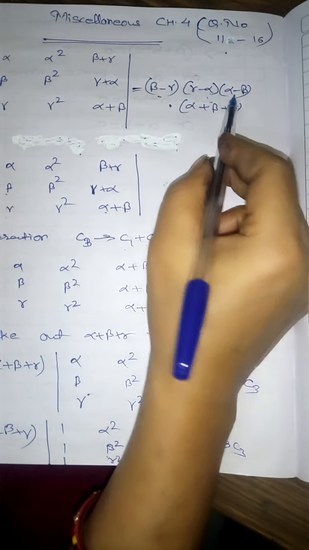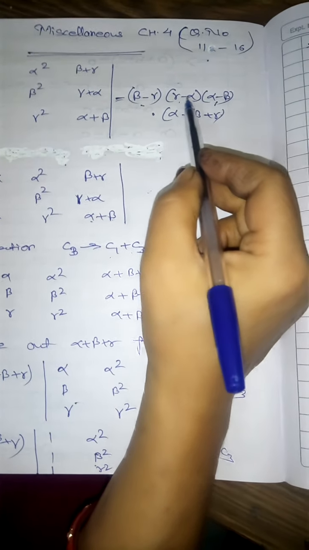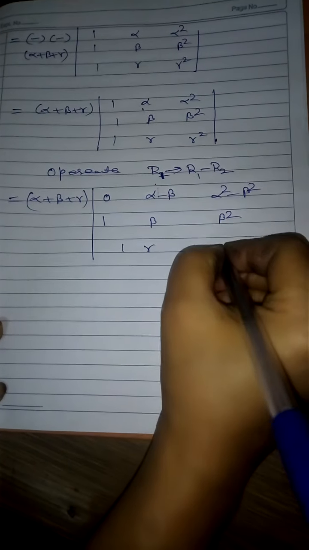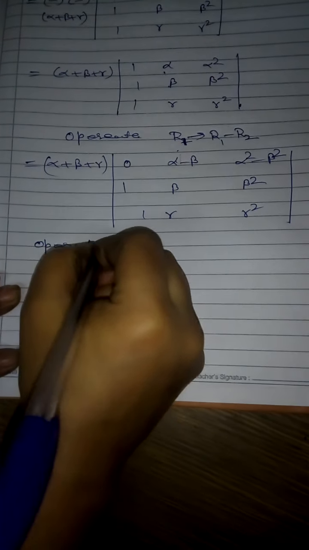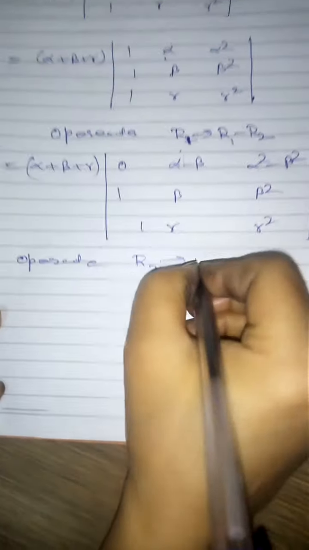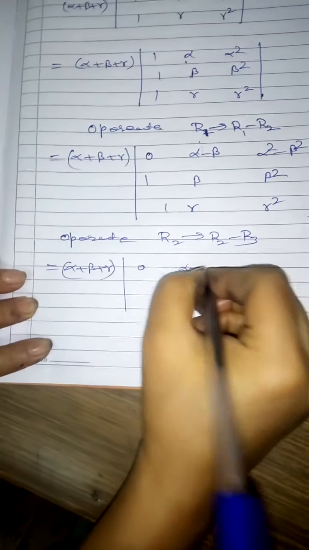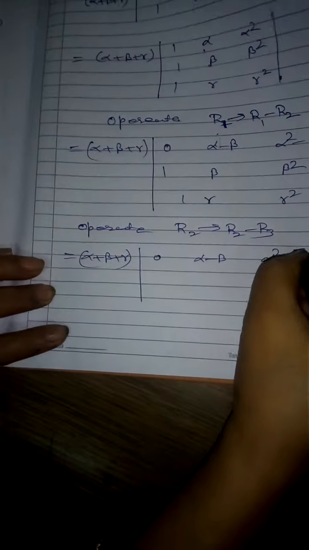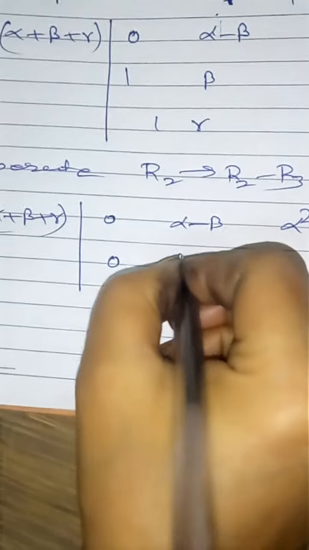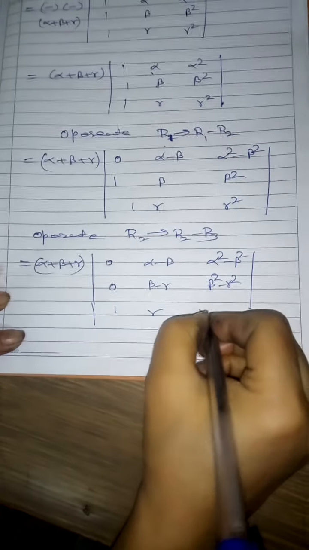After that we need gamma minus alpha and beta minus gamma, so in the next step we keep 1 beta beta square and 1 gamma gamma square as they are, and apply R2 goes to R2 minus R3, giving 0 beta minus gamma, beta square minus gamma square.